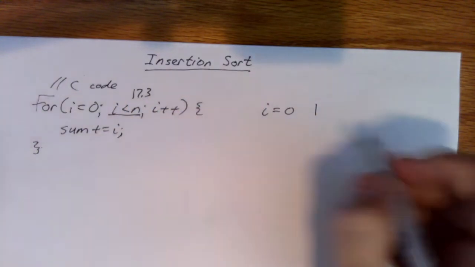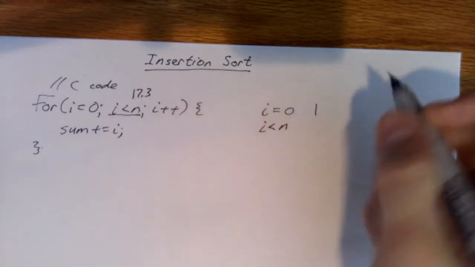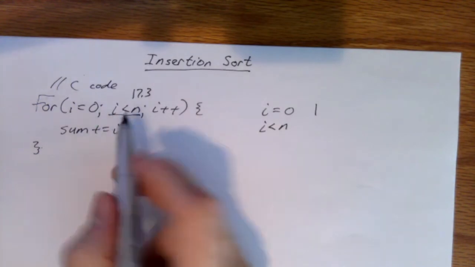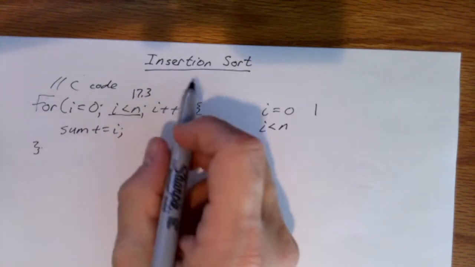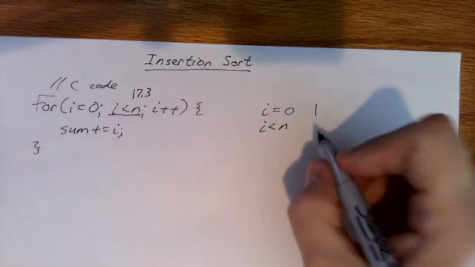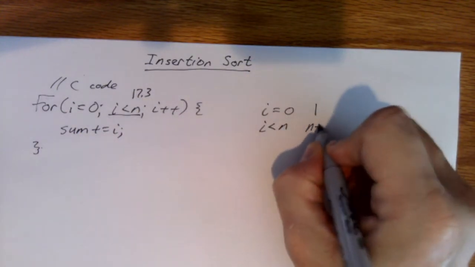Right? So if we look at this step, I less than n, how many times does that run? Well, once again, if we think of n as an integer, which is what we'll do for this type of problem, then this actually executes n plus 1 times.